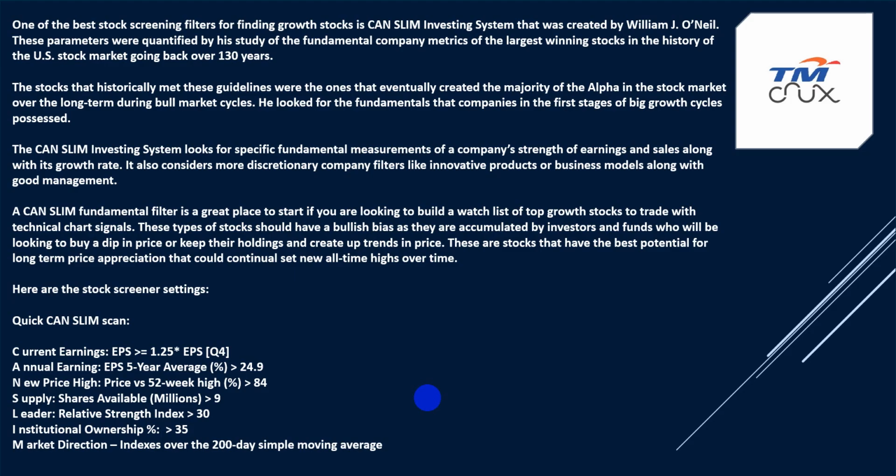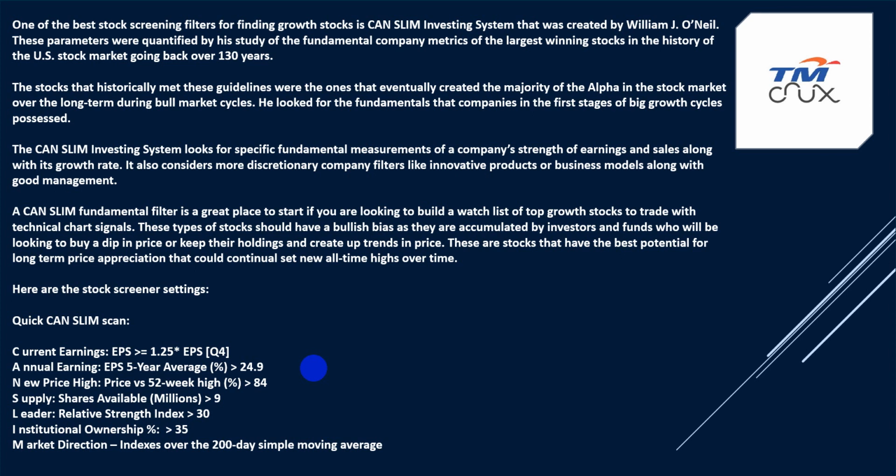It's an amazing method, and a quick CAN-SLIM scan looks at the current earnings of a company, where the EPS of the current quarter is about 25% higher than the EPS of the same quarter a year back. The annual earnings growth, averaged over 5 years, should be about 25%.